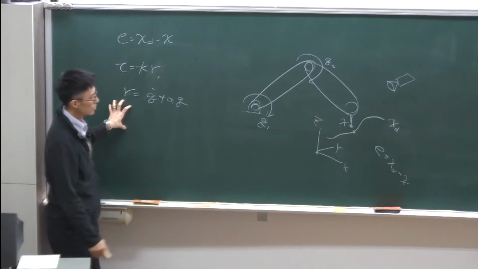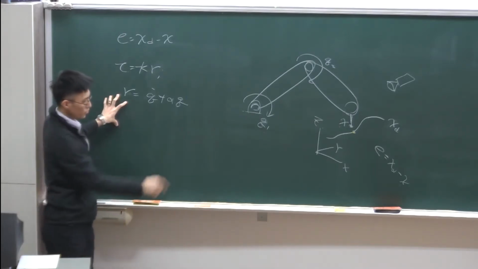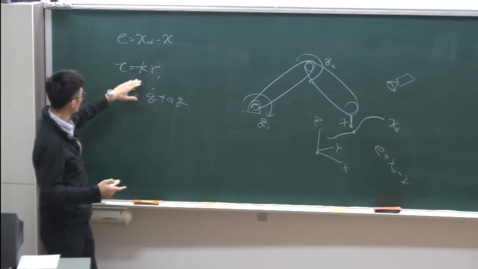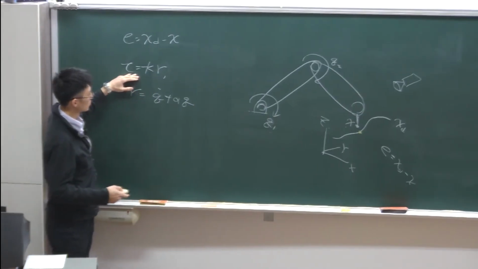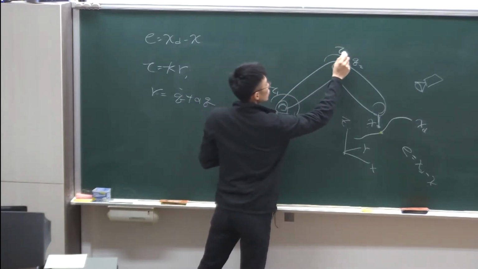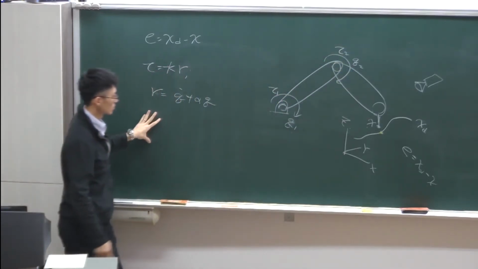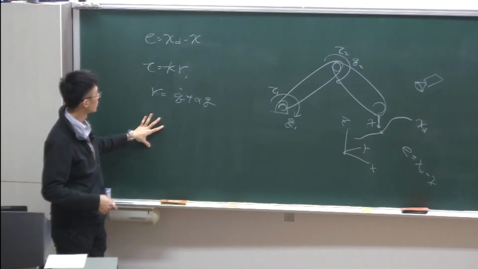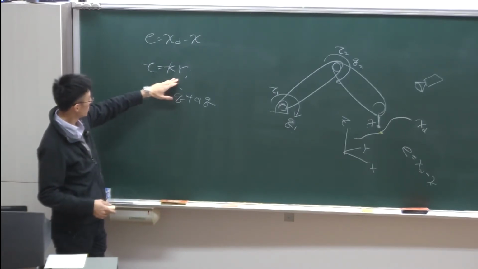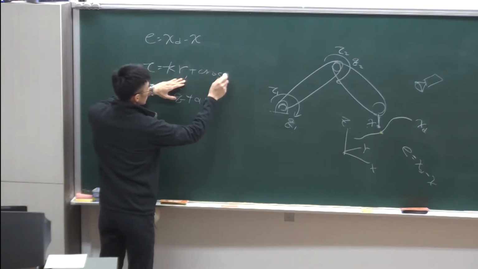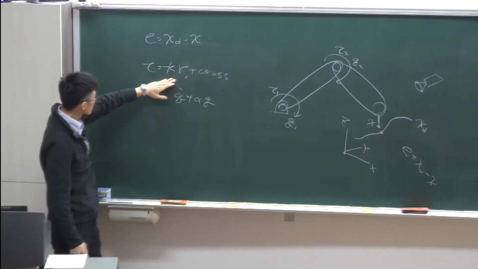Just keep it simple. What you can measure is the position error, right? But in your control, the torque is what you apply on each joint, which controls the acceleration of the joint, right? And in the feedback term, we will design a feedback term, maybe cross term, whatever terms.